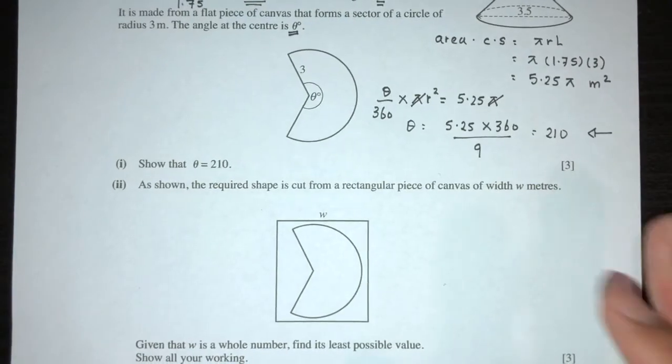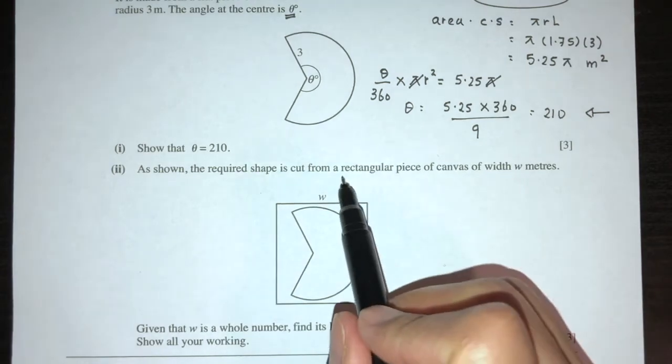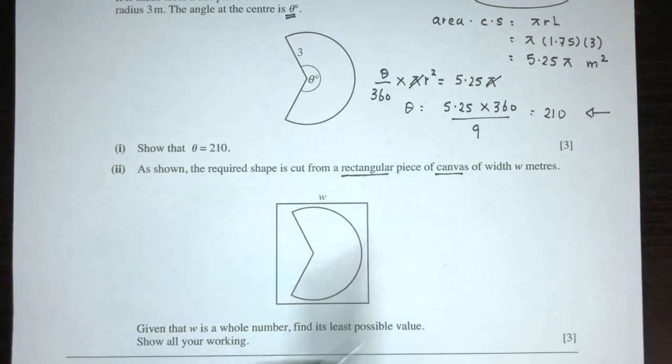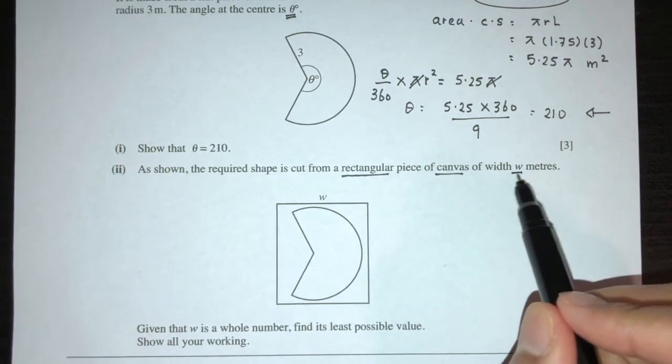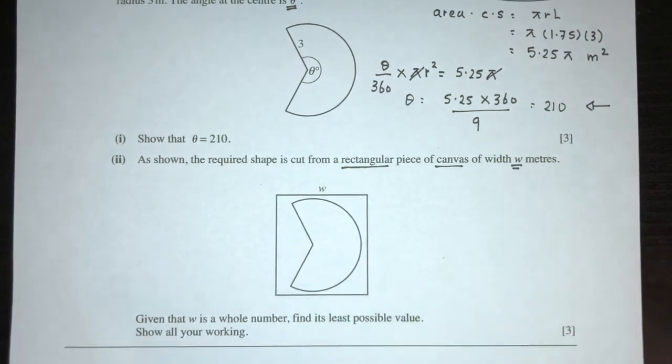Now for part 2, as shown, the required shape is cut from a rectangular piece of canvas of width W meters. Given that W is a whole number, you have to find the least possible value for W. Now you have to observe what value W must be so I can cut this canvas from this rectangle.